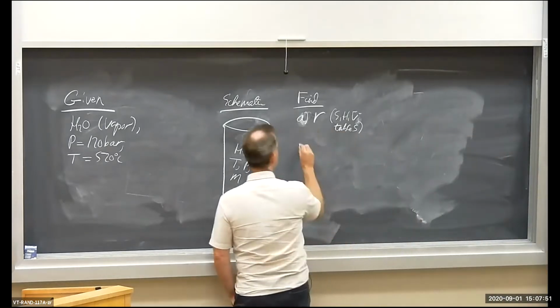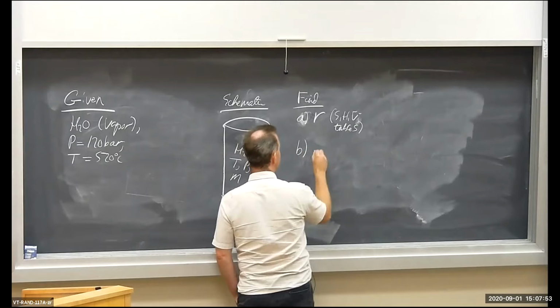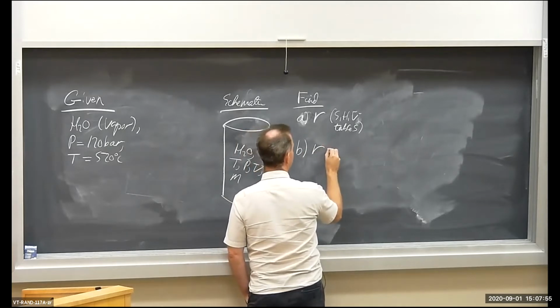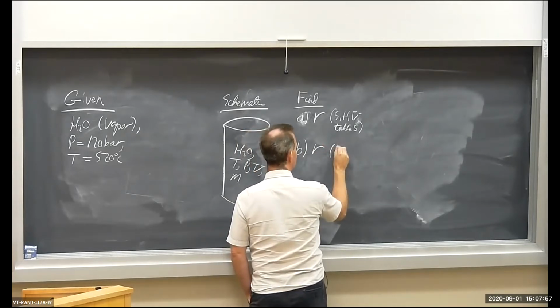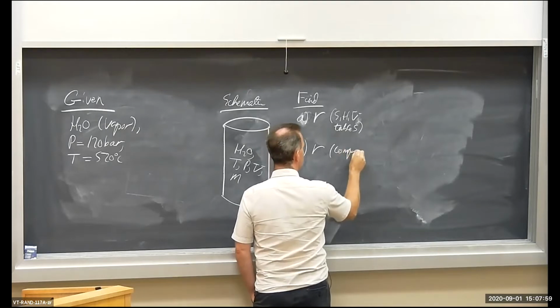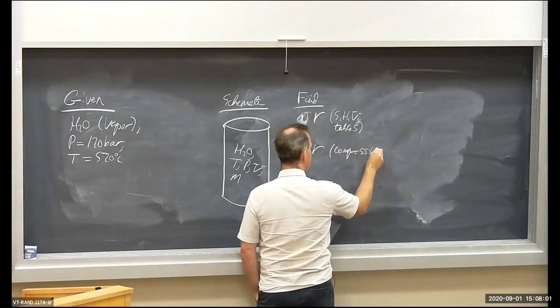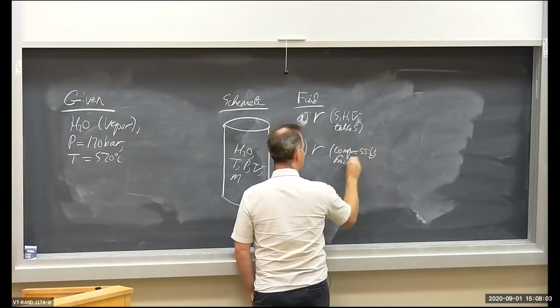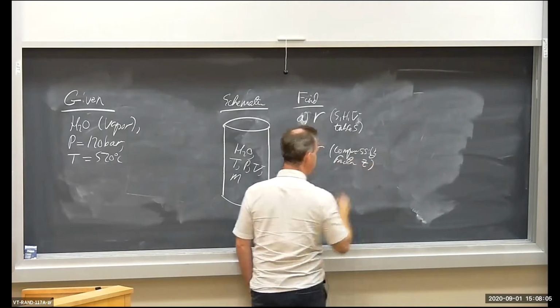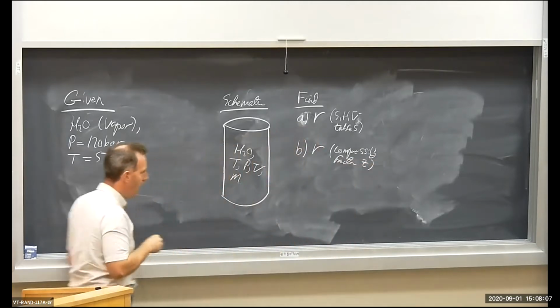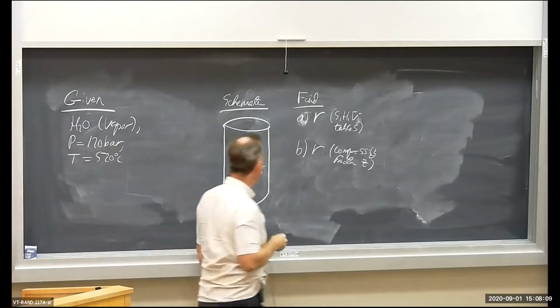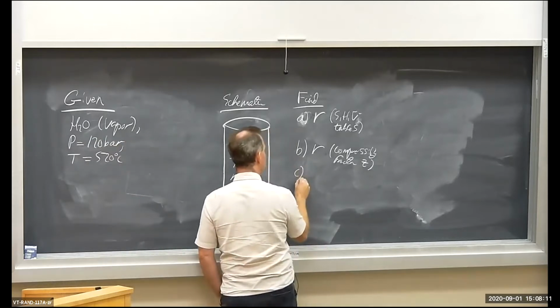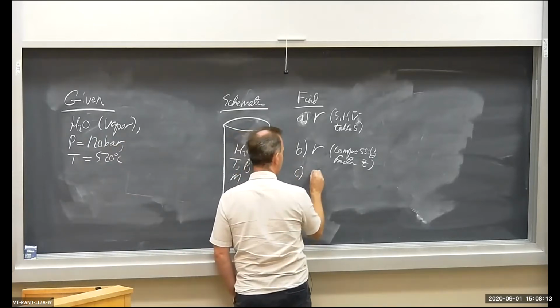And then I'm going to use the compressibility factor and find specific volume using compressibility factor Z. And then I am going to attempt to calculate specific volume using the ideal gas law.